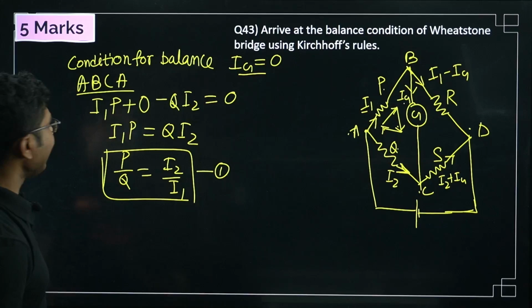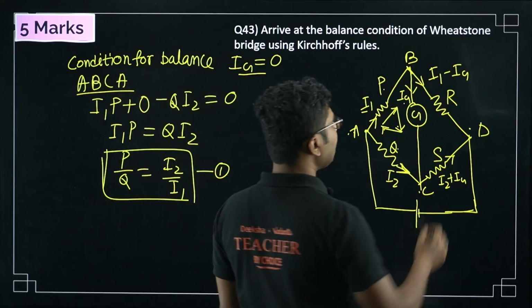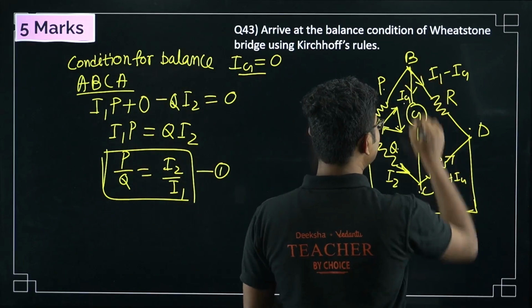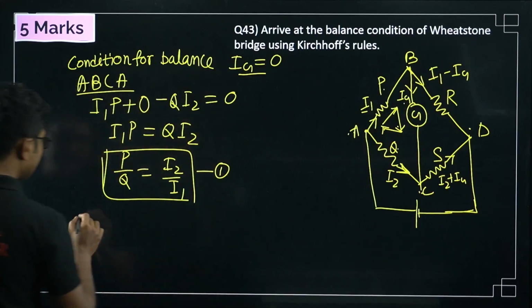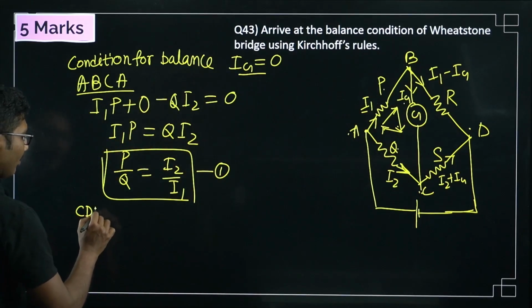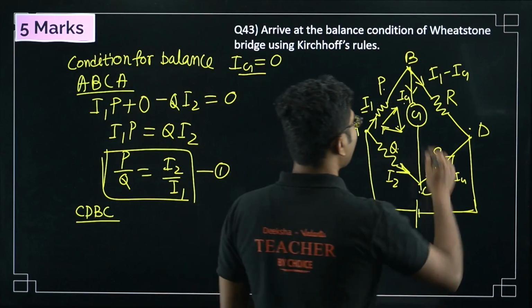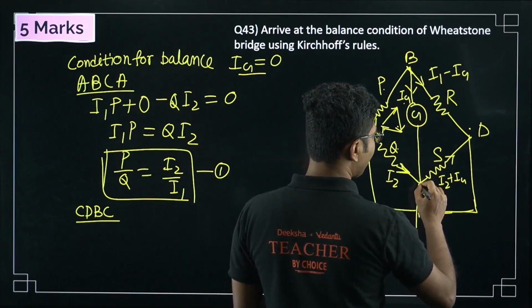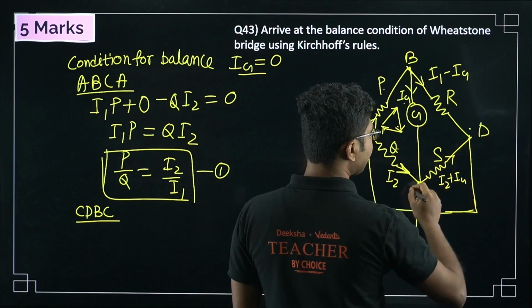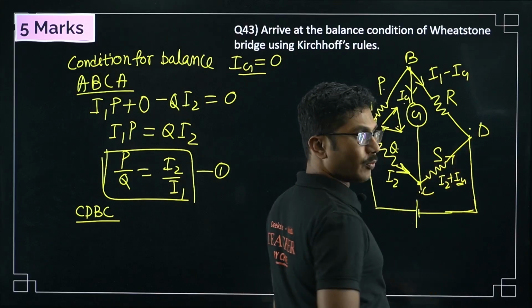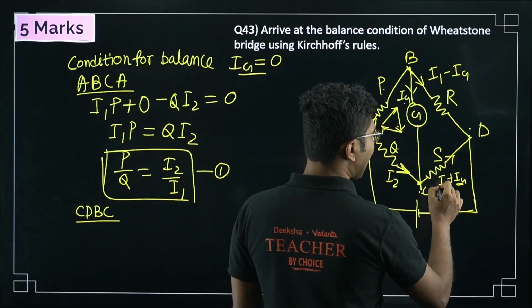Now what is the second loop? Second loop we will use CDBC. Okay, this is the second loop, and in this case we will start from C. We are going in this direction. Now Ig itself is 0, so Ig 0 means only I2 is left.